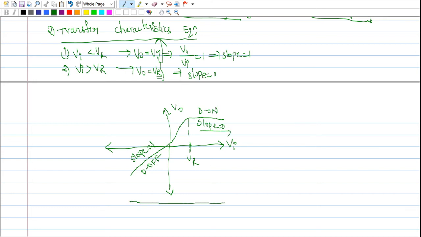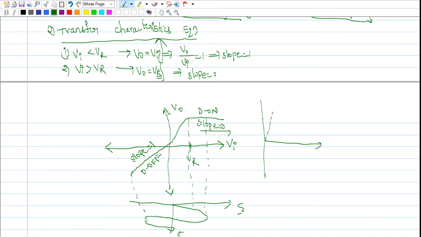Now when I apply the input waveform, how can we get the output? This is the reference. The part above the reference voltage is the clipped part.